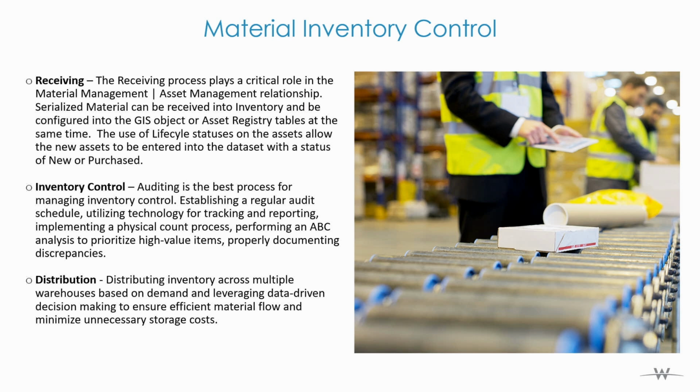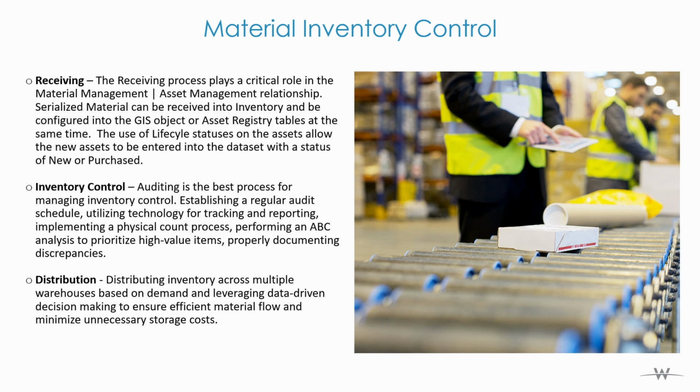Receiving is a critical part in this optimization and material management and asset management. So in the receiving process, when I've received material into the system, I can take a serialized material. I can get a pallet full of meters. They all have a serial number. When I receive that into my material management, I can use an automated process to automatically insert that to a GIS table.